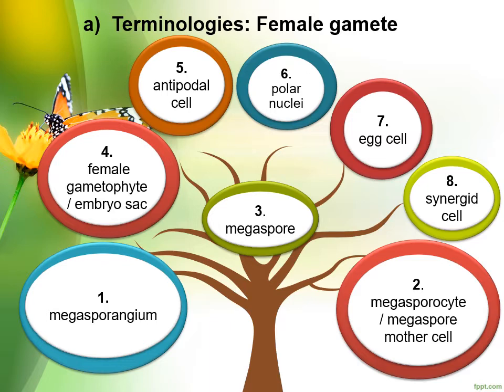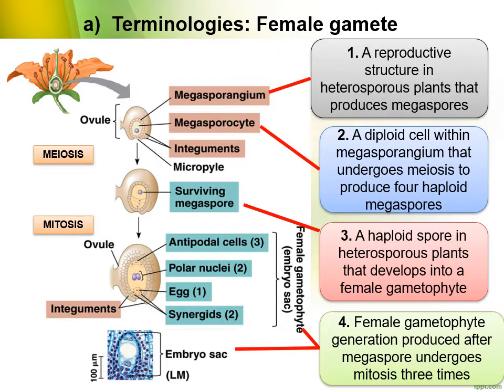Fourth is female gametophyte or embryo sac. Fifth is antipodal cell. Sixth is polar nuclei. Seventh is egg cell. Eighth is synergid cell. Now let's look at the first term, which is megasporangium.